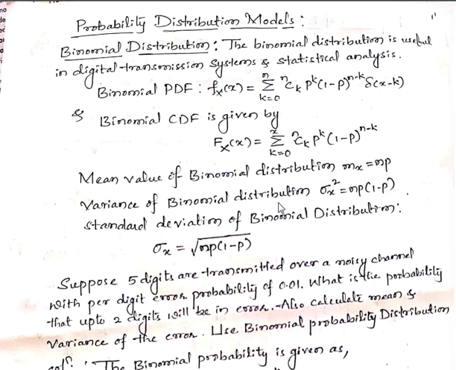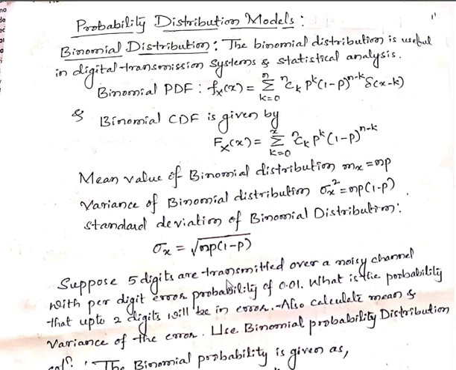The variance of the binomial distribution is sigma_X squared, which is n into p into (1 minus the probability). And the standard deviation is sigma_X, which is the root of n into p into (1 minus the probability).